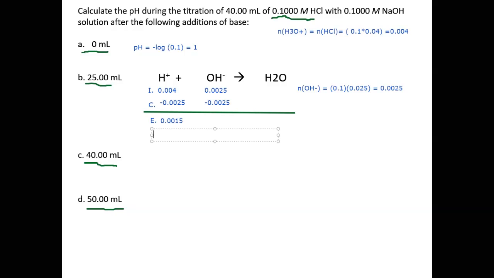So now we need to find the new concentration of H3O plus. We've got to divide it by the new volume. So the total volume equals 40 plus 25, 65 milliliters. So that's what we divide the new moles by. We divide it by the new volume. Make sure you convert it into liters.